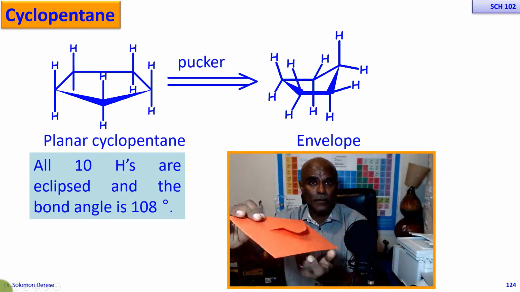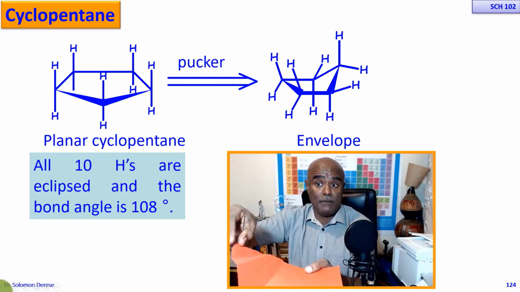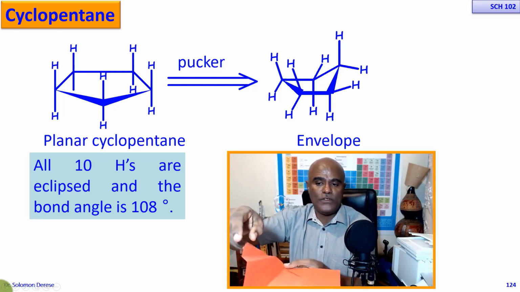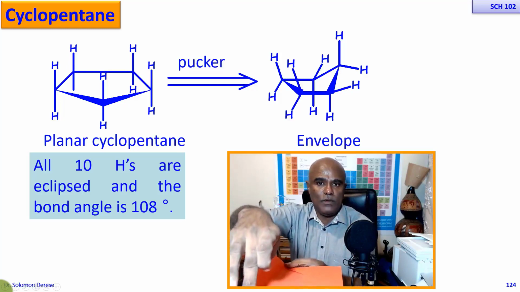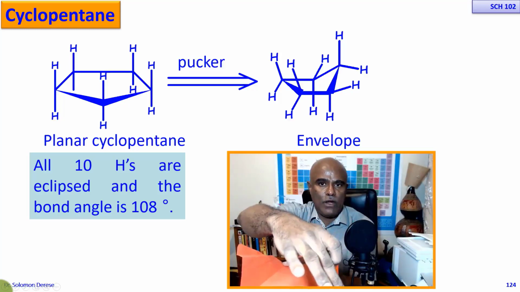Now, what has happened? One of the carbons goes to the flap of the envelope. One of the carbons will be here. Of course, the other carbons, one of them will be here, the other one will be here, one will be here, the other one will be here.